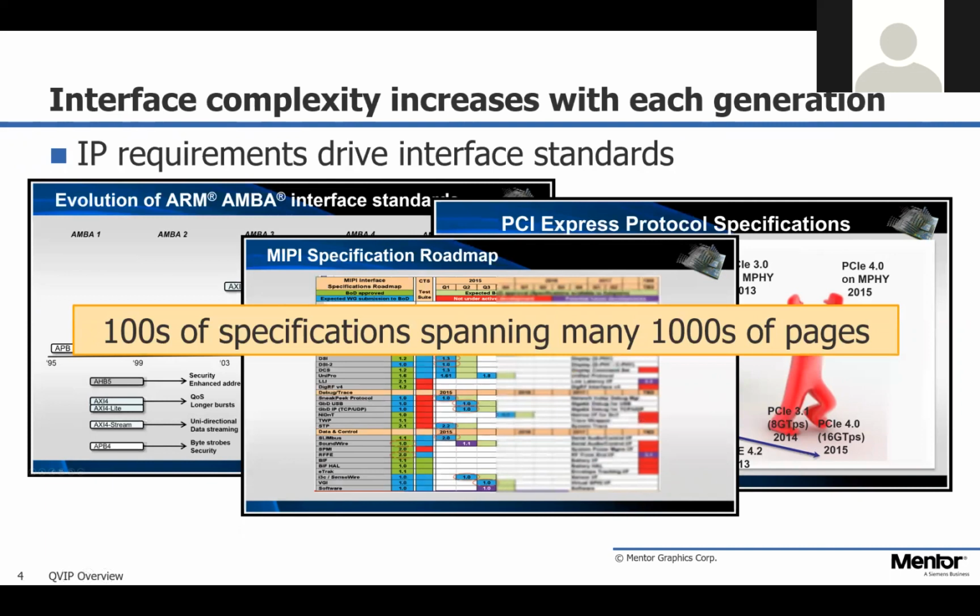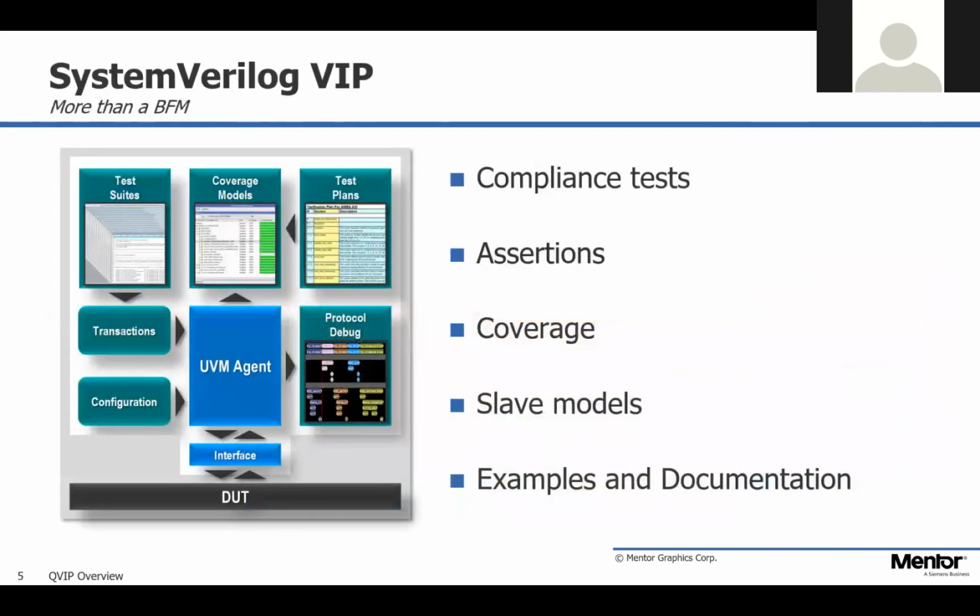So the standards keep getting more complex, and that is where the SystemVerilog language got set up to standardize a lot of this, to add random stimulus, which can help uncover bugs that you hadn't thought of.